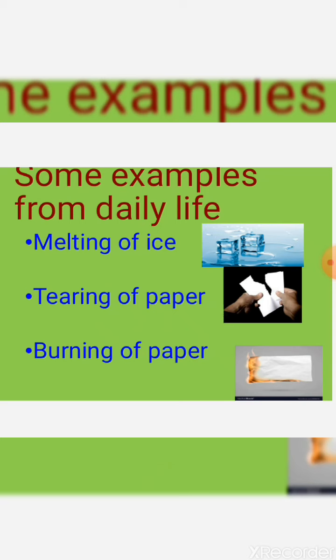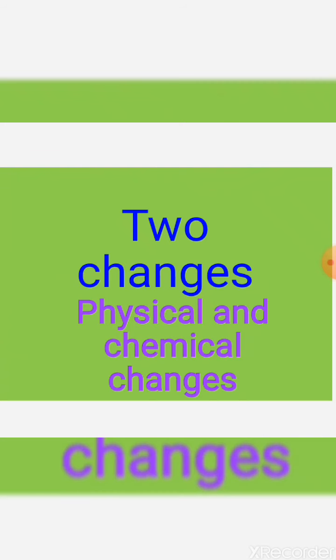Here are some examples from our daily life. Melting of ice, tearing of paper, burning of paper, and milk settling into curd. These are some examples. Now let me ask you this.